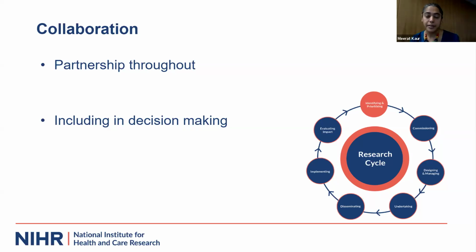A key difference from what we've just discussed is that here people will be included in decision making. So when you're working with patients or people and communities, they are having a say in what is going on and what is going to be done. And that's an important distinction. Next slide, please.